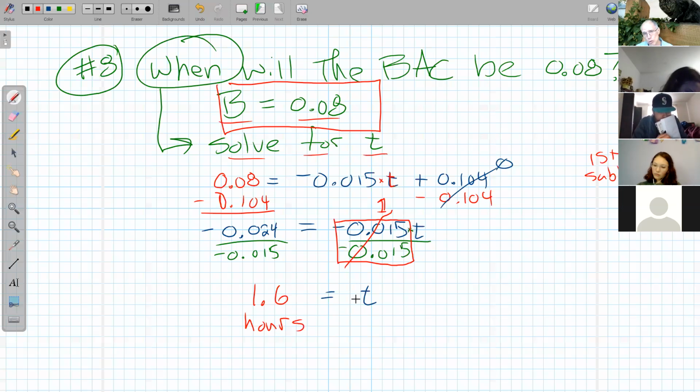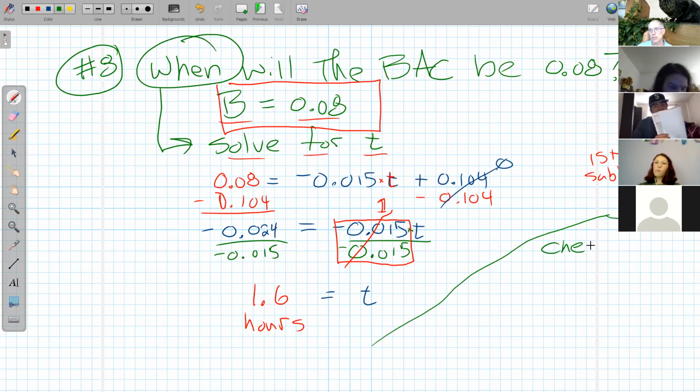So the next thing I want to ask myself, well, is it right? I totally could have screwed this up. I could have put that 0.08 in the wrong spot. I could have made a mistake on my calculator. I get clumsy fingers sometimes and push the wrong buttons. So I really should check this. And so to check it, I just want to put it back in. Check to see if it works. So go to the formula and calculate what is negative 0.015 times 1.6 plus that 0.104.